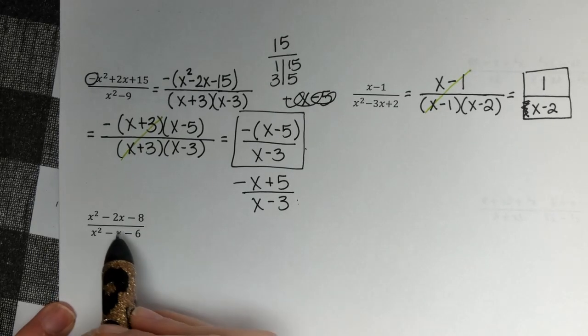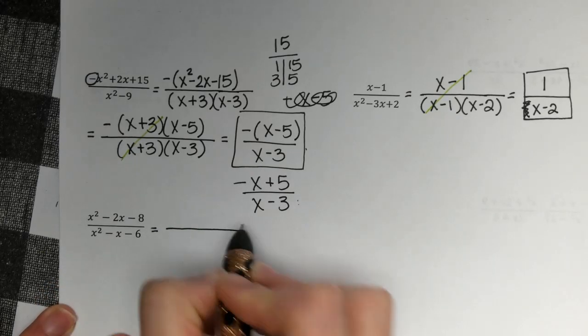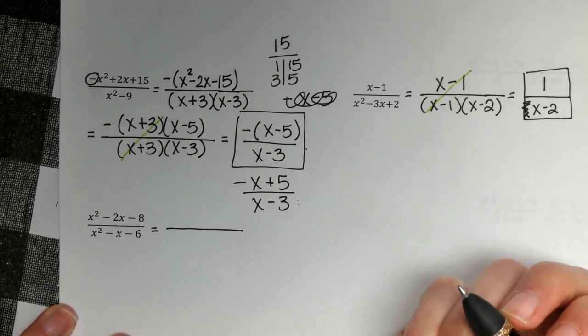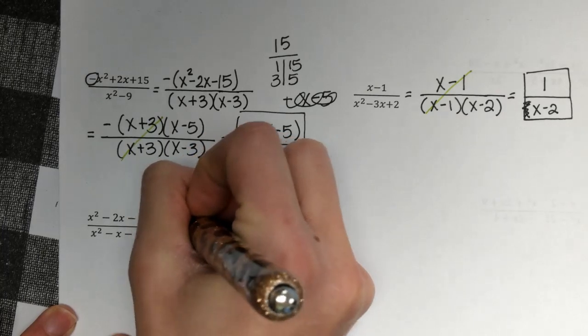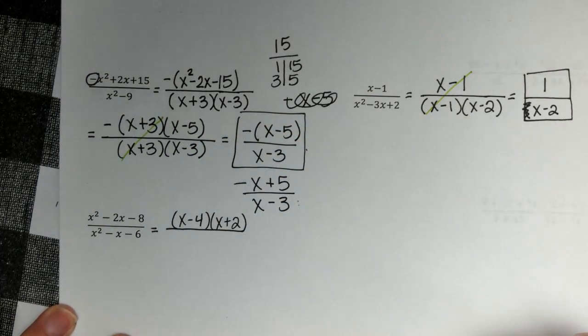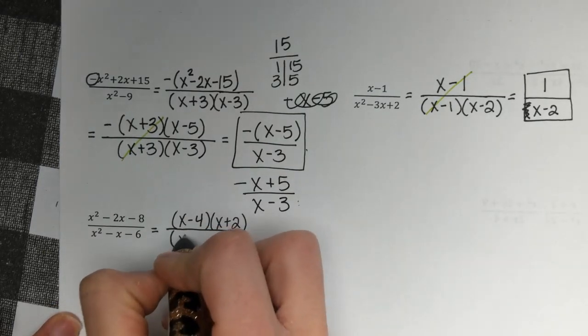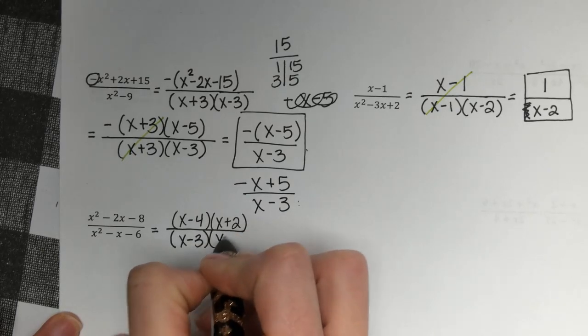Okay. So x squared minus 2x minus 8 will factor into what? X minus 4, x plus 2. Then x squared minus x minus 6 is going to factor into x minus 3, x plus 2.